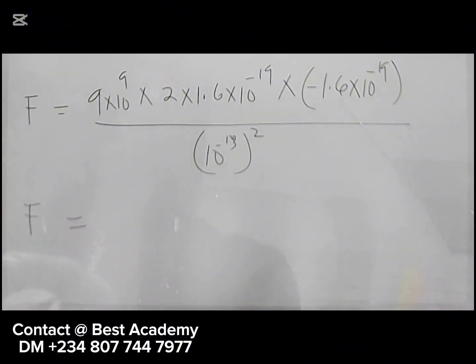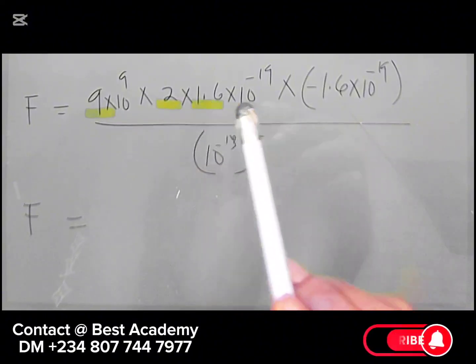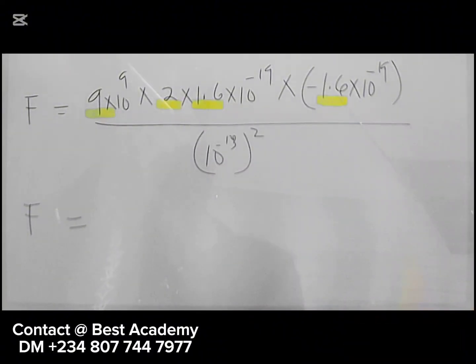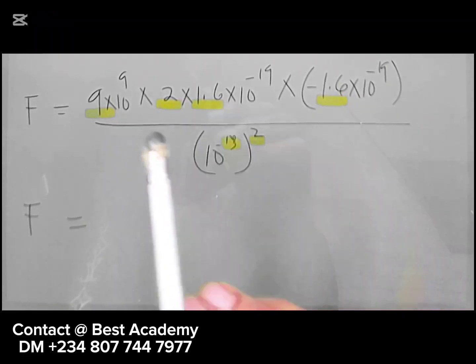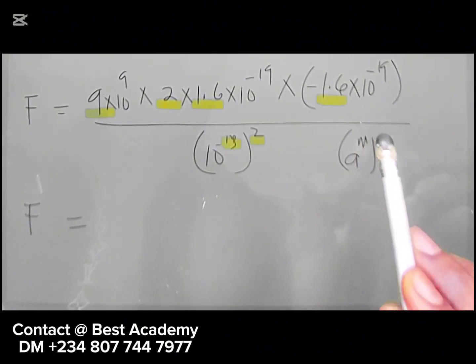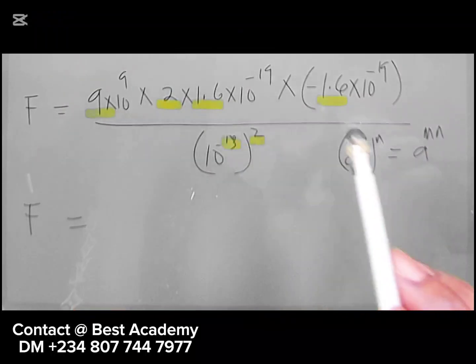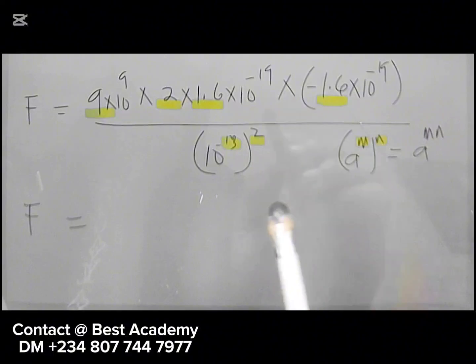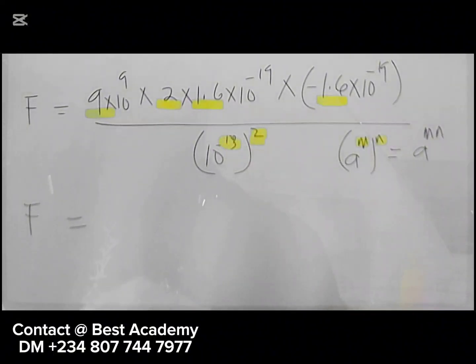Using the law of indices, if I have a to the power of m, all raised to the power of n, the answer is a to the power of m times n. So minus 13 times 2 gives us minus 26.